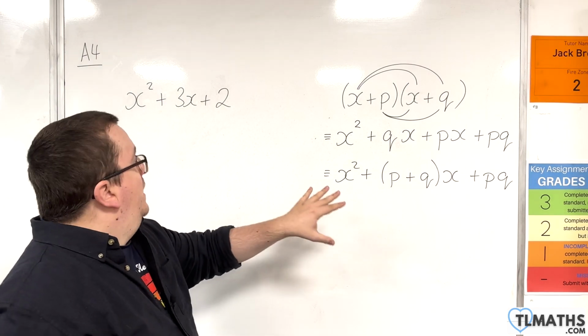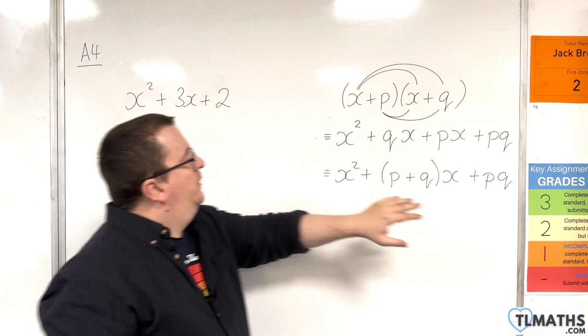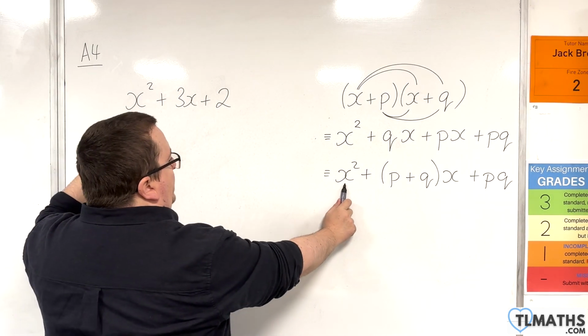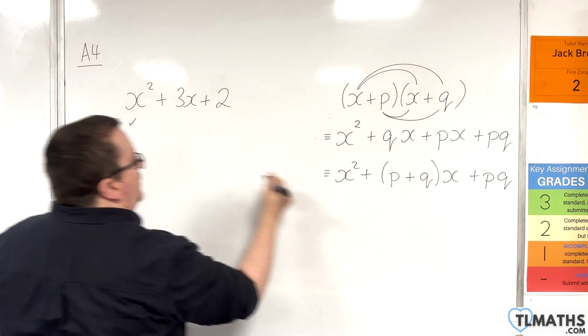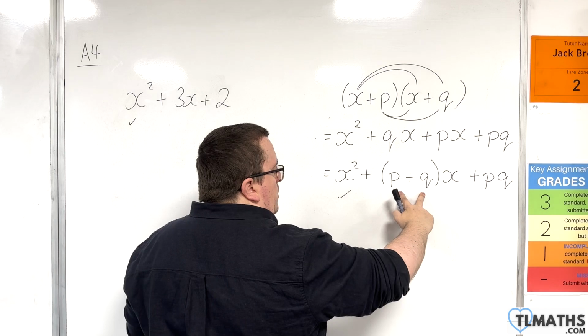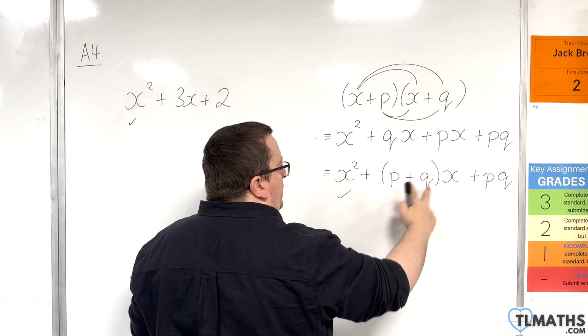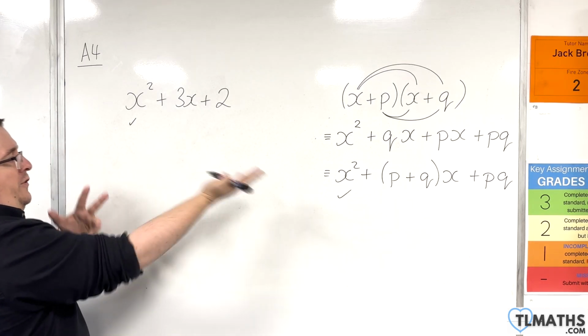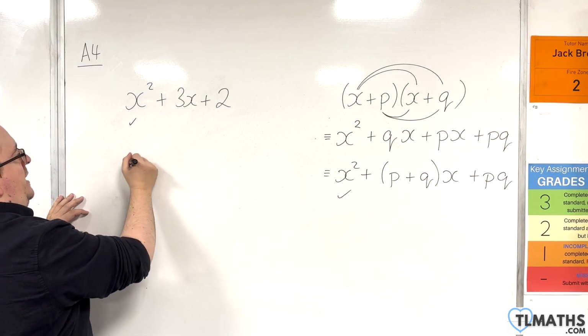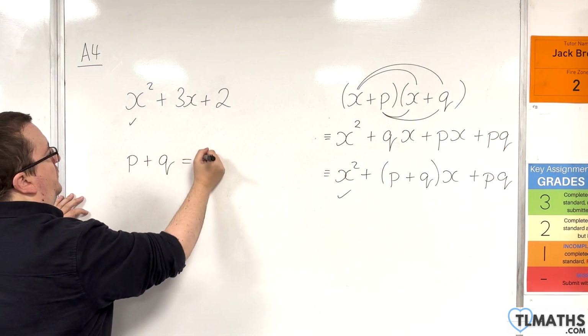So now we're going to compare this with this. The x squareds are the same. The p plus q in front of the x must therefore, if they were to be the same, be the 3. So the p plus q must be 3.